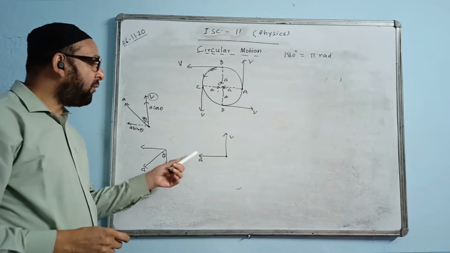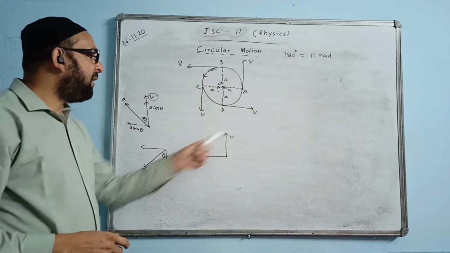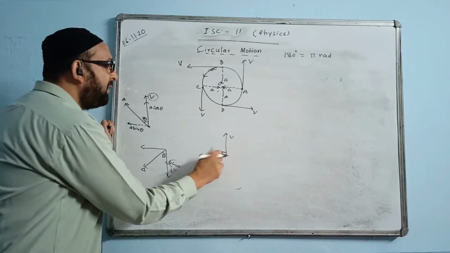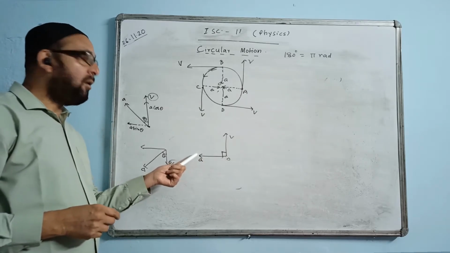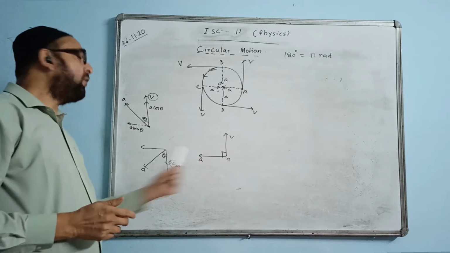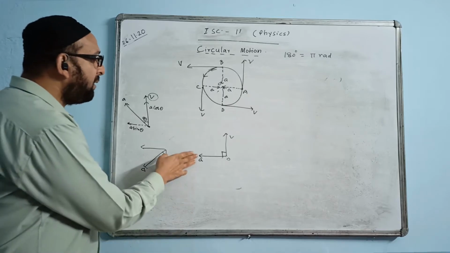We can break, but we will not get another vertical or horizontal component. So A and V will both be independent of each other if the angle between them is exactly 90 degrees. There is no angle being made.